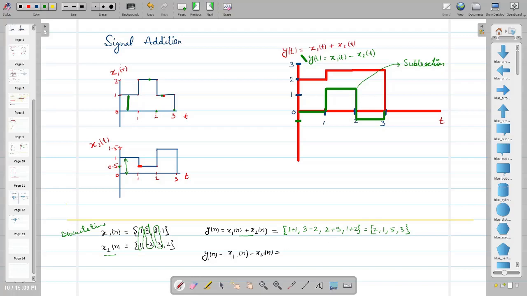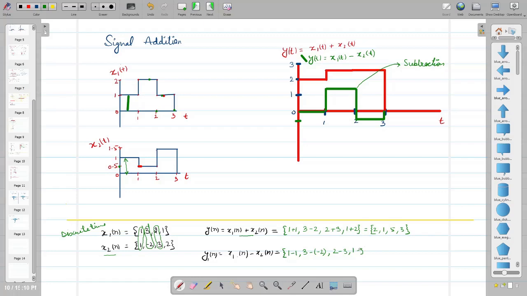In case of subtraction, again we are operating with the same pair, same set of equations. So subtracting 1 minus 1 comma, 3 minus 2 and 2 minus 3 and 1 minus 3.